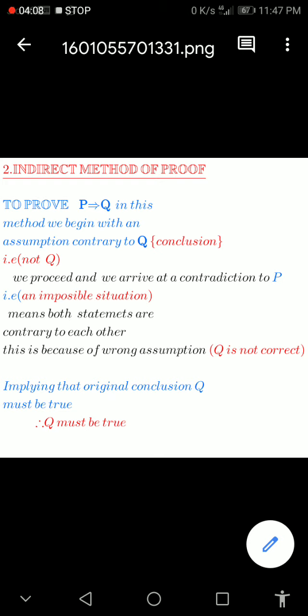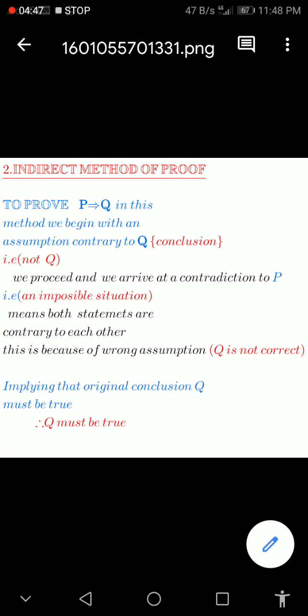In the indirect method of proof, instead of starting with the statement P, we begin with an assumption contrary to the conclusion.